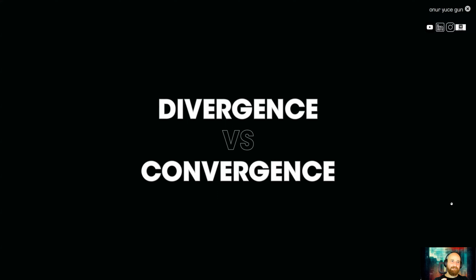But this is going to help us with divergence and convergence. And I think there's no clear distinction between these visual activities. They always overlap. Seeing is an active action, right? So seeing is intentional.